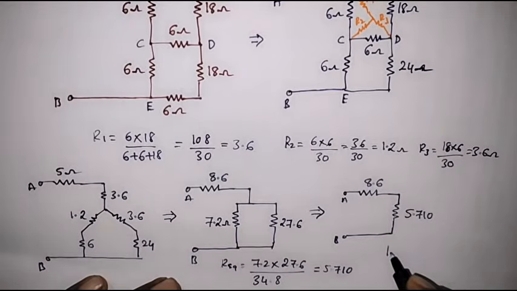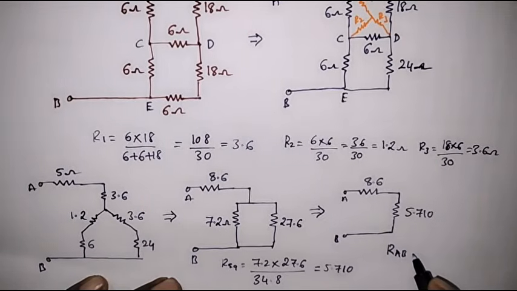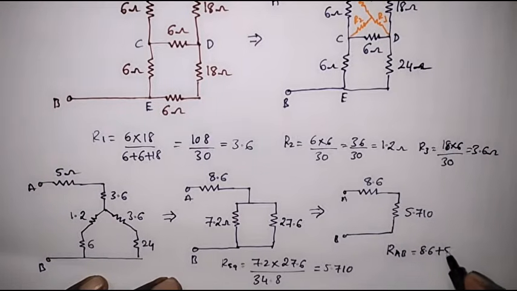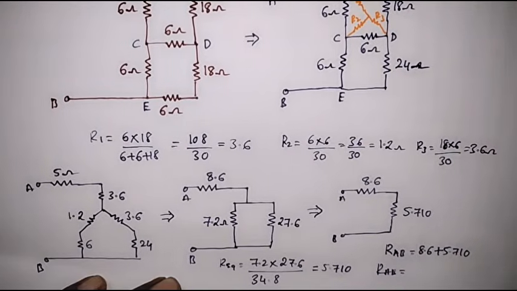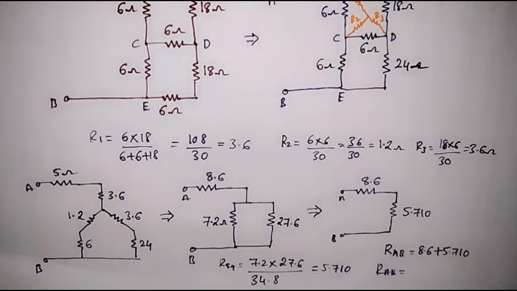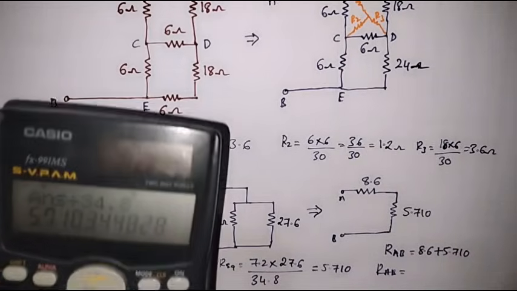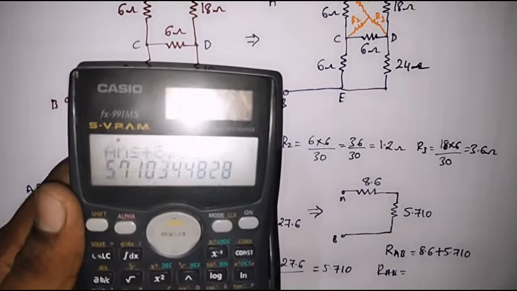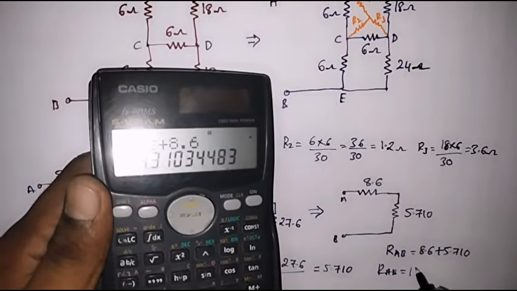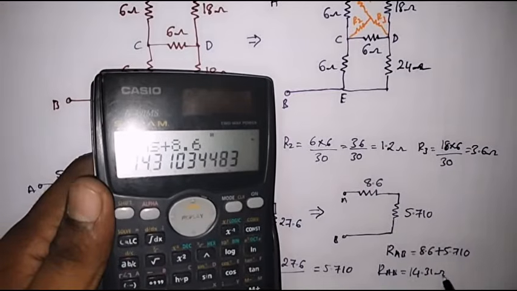Therefore, the resistance between AB, RAB, is equal to 8.6 plus 5.710. Therefore, RAB is equal to 5.710 plus 8.6, that is 14.31 ohm.